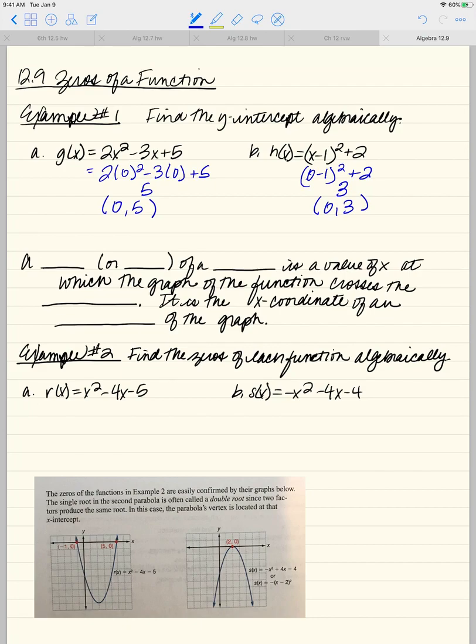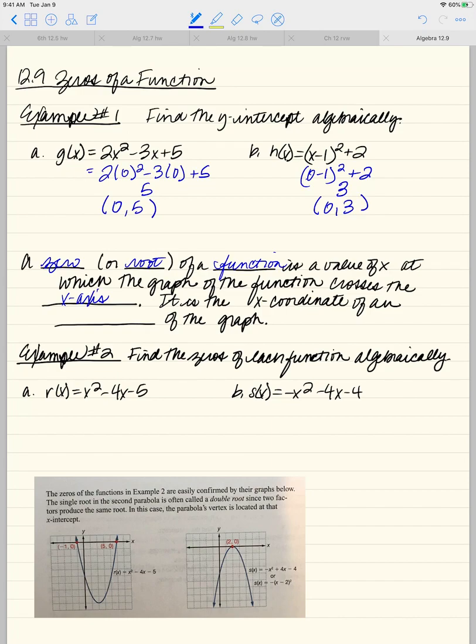So a zero, or another way we call it, a root of a function, is a value of x at which the graph of the function crosses the x-axis.